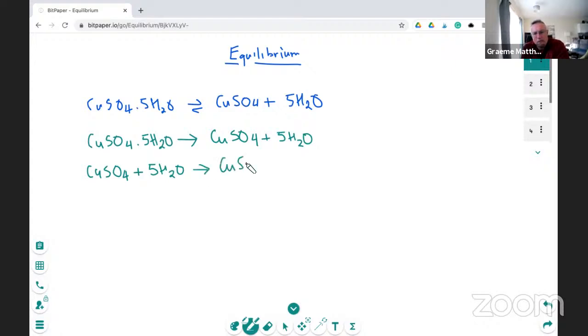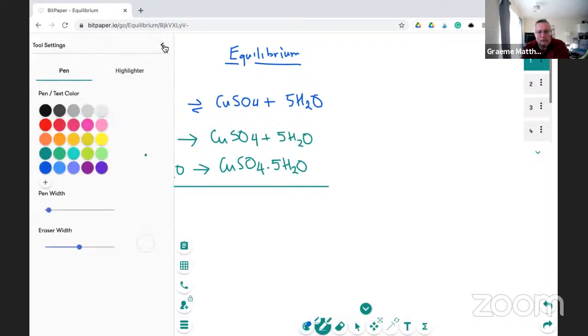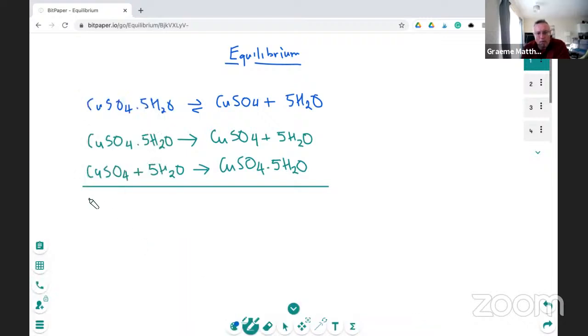And so we get this. So rather than write these two reactions out all the time, what they tend to do is you just add them together. Like so. And if you add them together, back in blue, the overall reaction is this one.